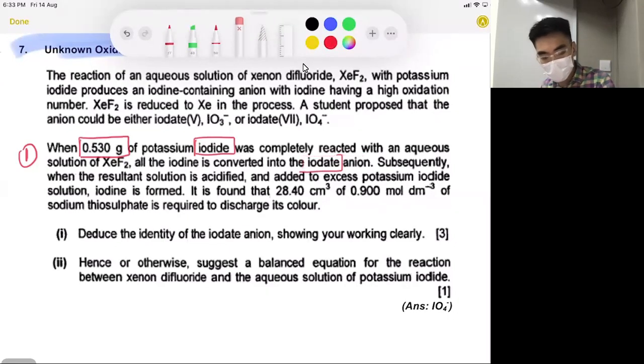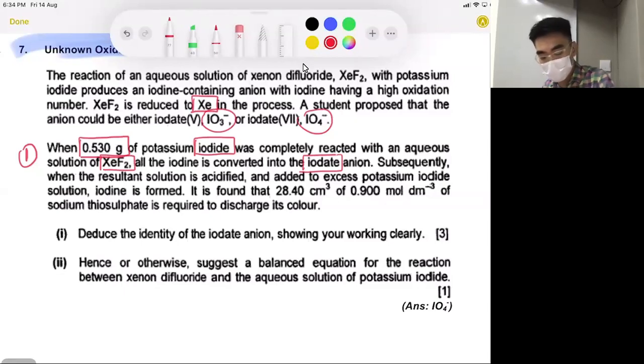So this is the redox that's happening. Iodide is being converted to iodate. Problem is that we don't really know this iodate: is it IO3- or IO4-? The question also told us that XeF2 is converted into Xe, or rather it's reduced.